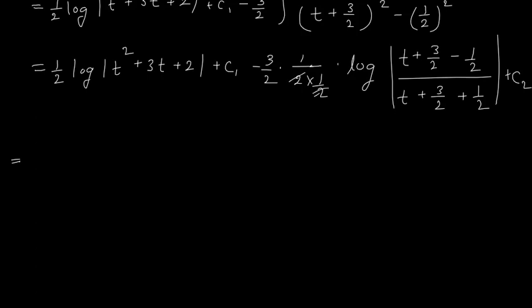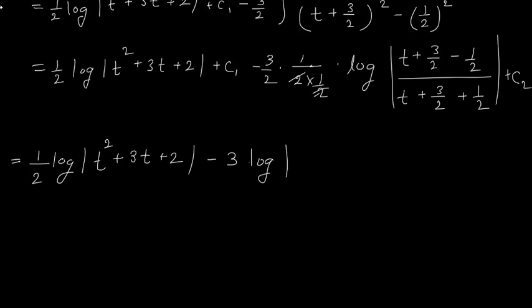So finally I have 1 upon 2 log of t square plus 3t plus 2 minus 3 log of, now 3 minus 1 is 2, 2 upon 2, I will get t plus 1 divided by, here I will get t plus 2, plus I have c.